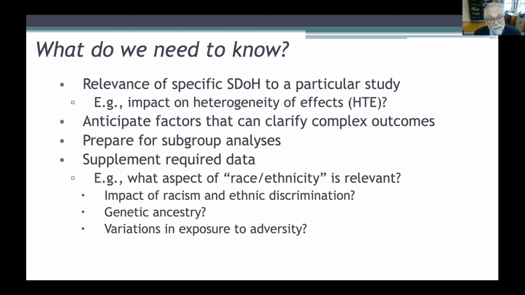Is it the impact of racism and ethnic discrimination, so that race ethnicity is really coding the social impact of other people on the particularly discriminated individual? Is it genetic ancestry in some cases that is being lost as race ethnicity? Is it variations in exposure to adversity, which in a racialized society are associated with different markers of race ethnicity, or is it something else? So it's important to understand what we want to know when we're looking at race ethnicity, so that we collect those data too, in preparation for interpreting results.